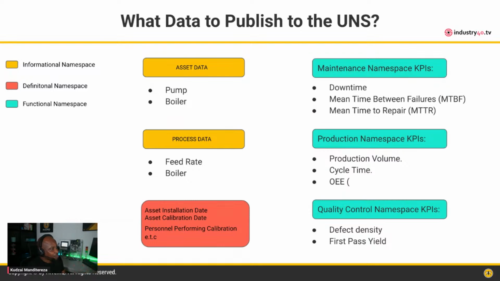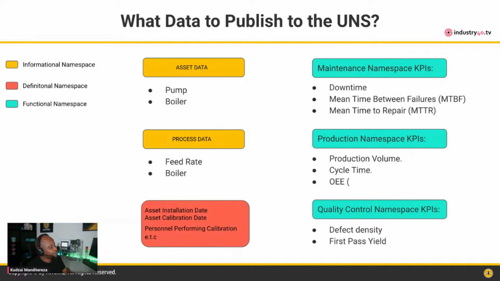But generally speaking, as you would have also seen, I know Walker Reynolds talks a lot about the different kinds of namespaces that you need to use as a guideline of what data needs to be published to the unified namespace. So basically, there's three kinds of namespaces, and I'll explain shortly what we mean by that.